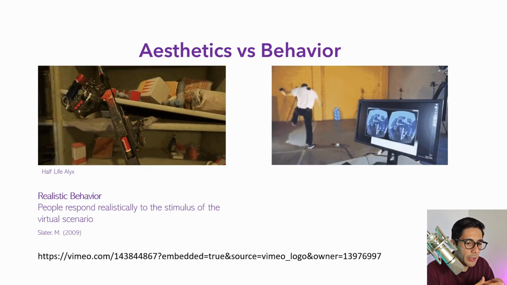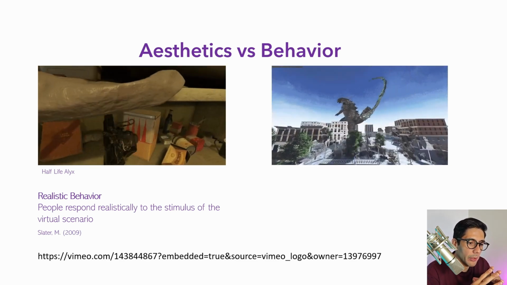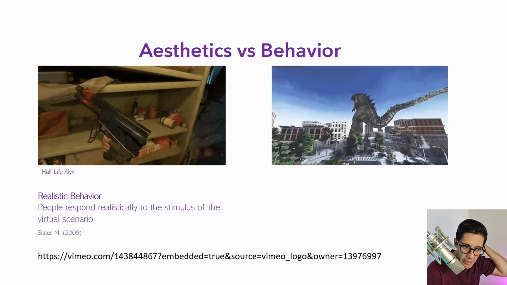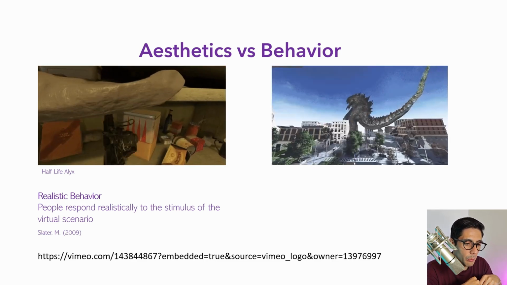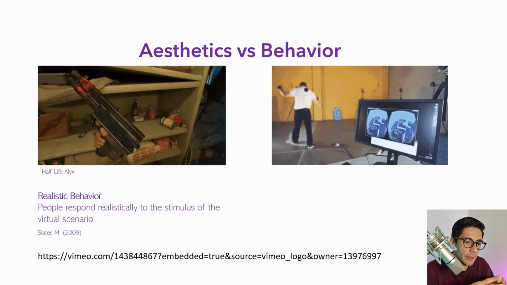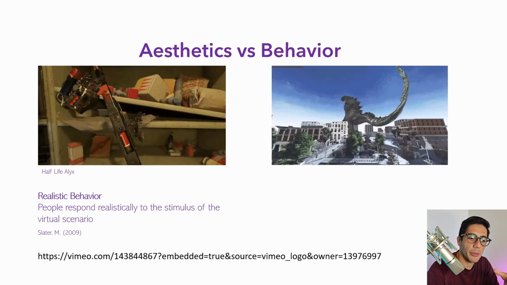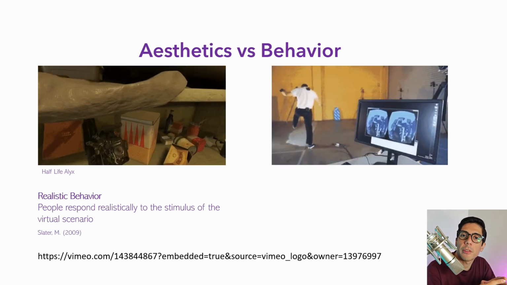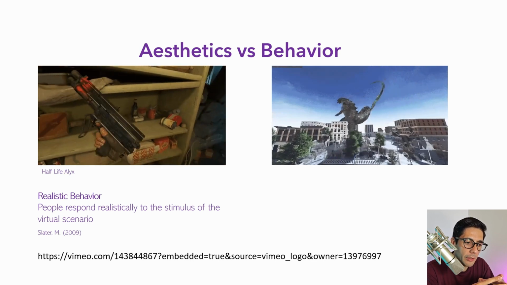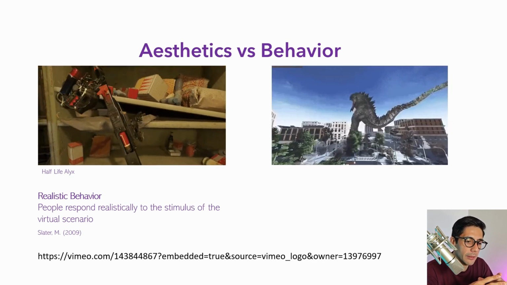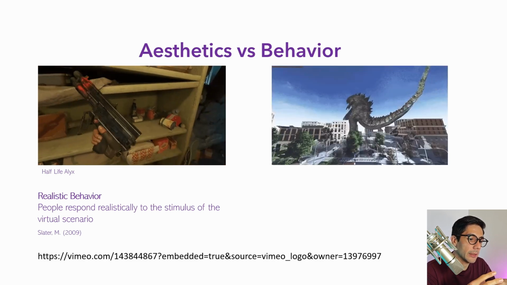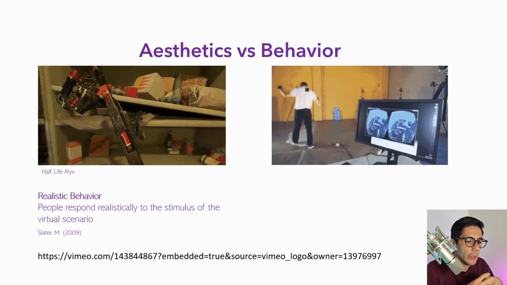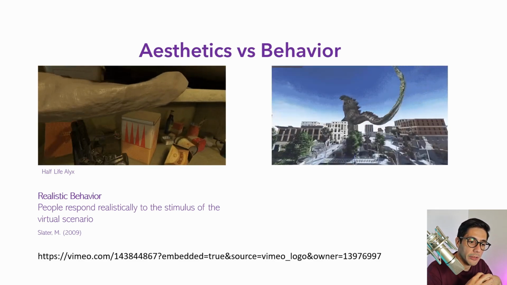And on the right, we have a very old experiment where someone is wearing a cable, totally cabled to the headset. But this person is performing Godzilla. He really believes that he is Godzilla. He is really believing that he's smashing those buildings. So this shows that behavior really matters.